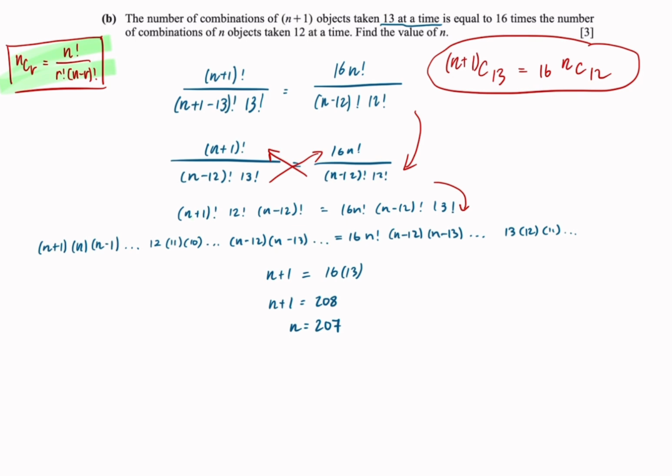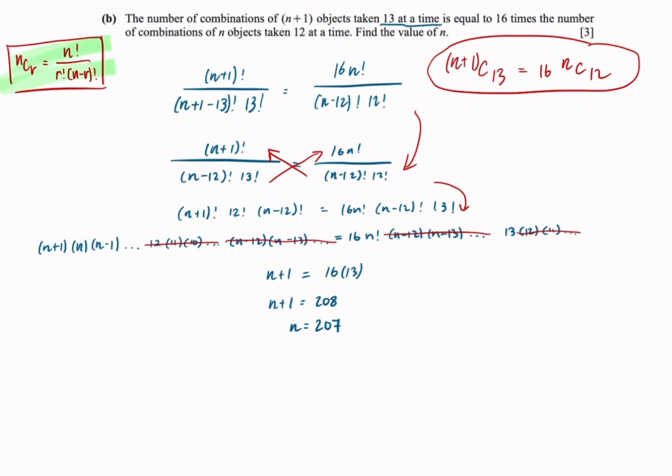So for example, let's see. This one you can cross out with this. So you only have 13 left here. And then this one you can cross out with this.